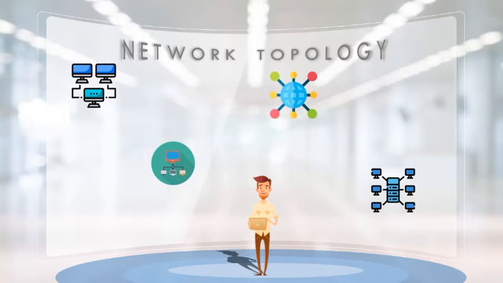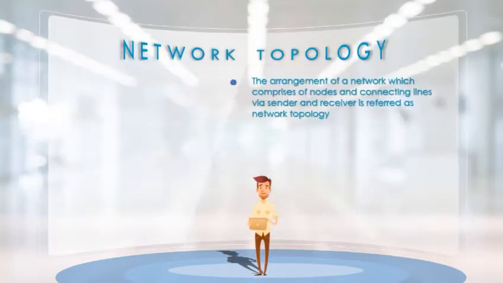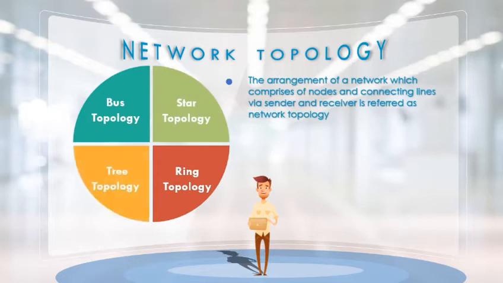A network topology is the arrangement of a network which comprises nodes and connecting lines between sender and receiver. The physical arrangement of a network and its devices is termed network topology. We can simply say it is the shape in which the devices in a network are arranged or connected.